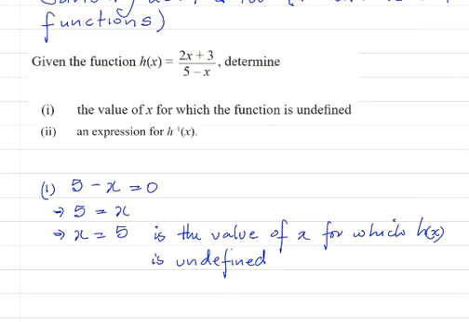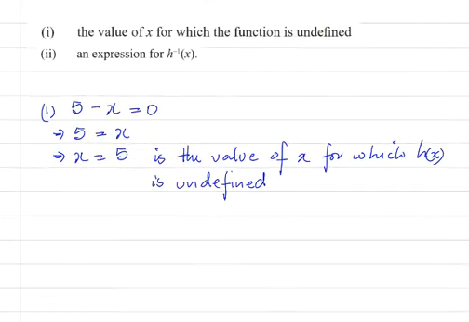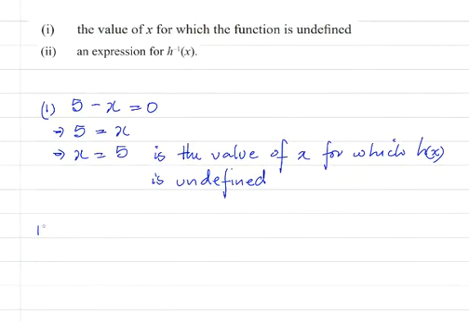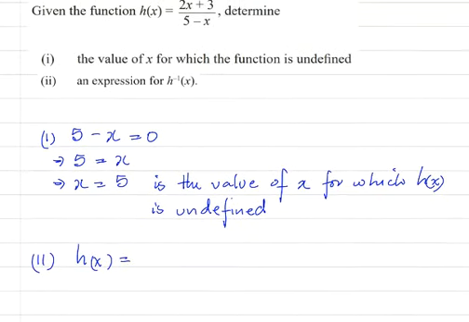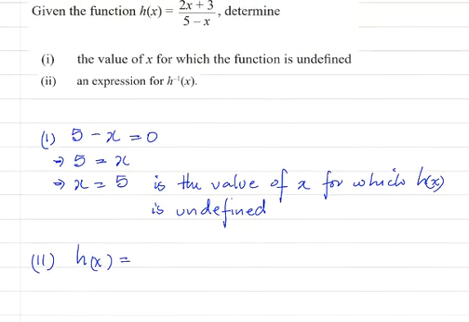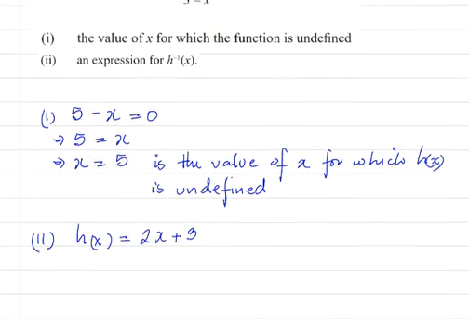(ii) We're to determine an expression for h inverse of x. All right, so let's start off. So (ii), we have h of x is equal to (2x plus 3) over (5 minus x).